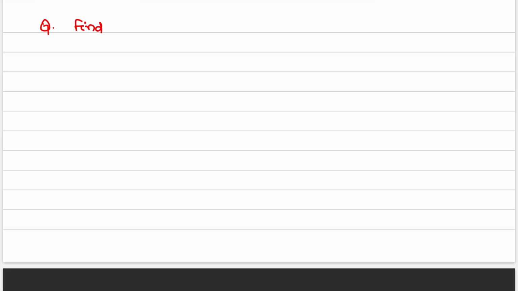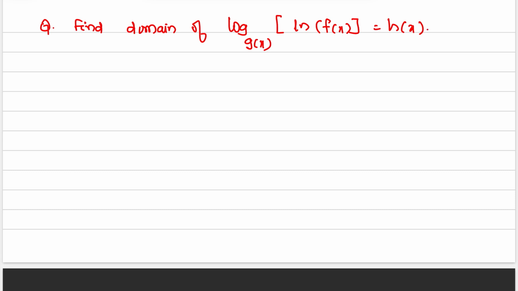Find the domain of the logarithm to the base g(x) of ln f(x), which is equal to h(x). This is what is given to us, where f(x) and g(x) are functions of x and h(x) is also a function of x. Now, let's go for the solution, step by step.